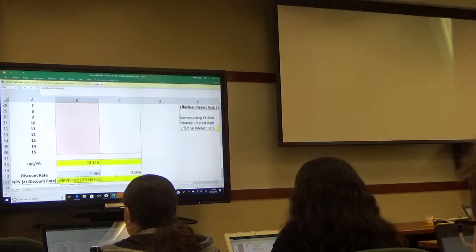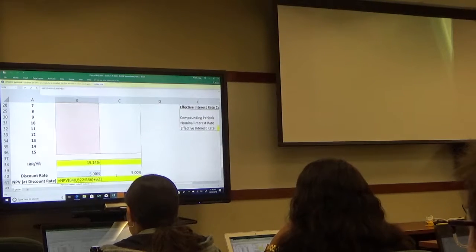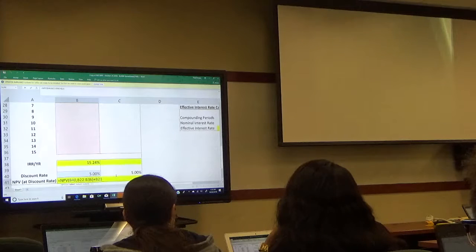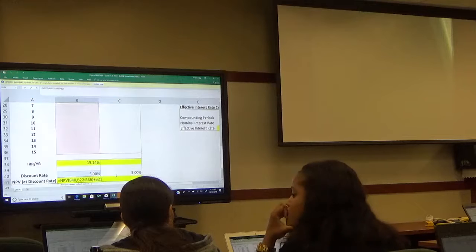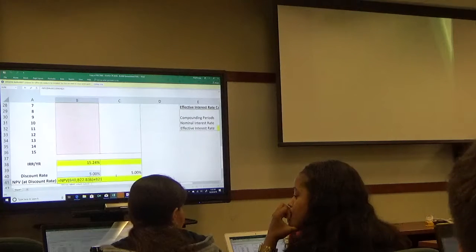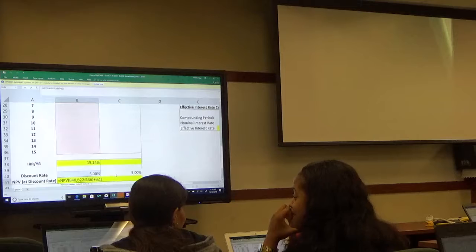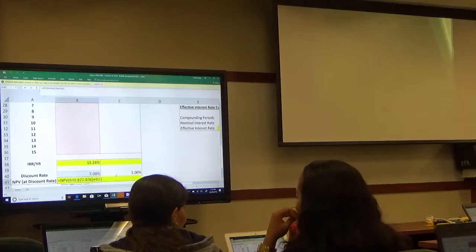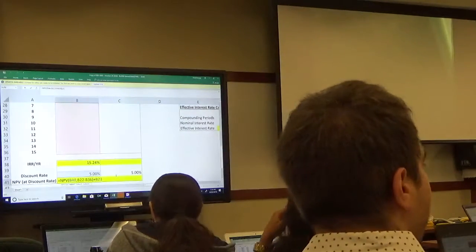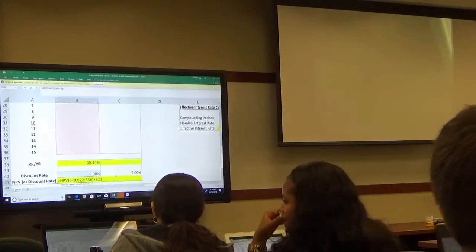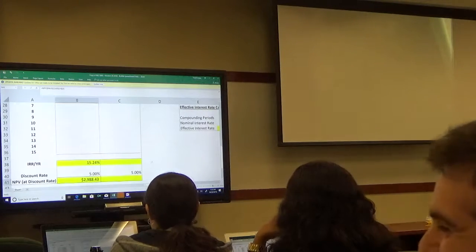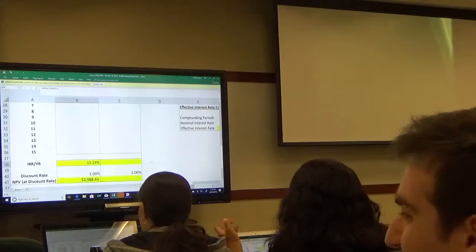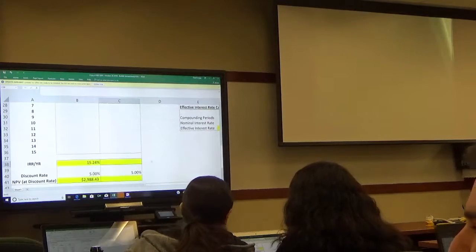Is that better? Yeah. B40. I think I lost it for a second. Okay, got it? Okay, let's move over to the next column and pretty much rinse and repeat.